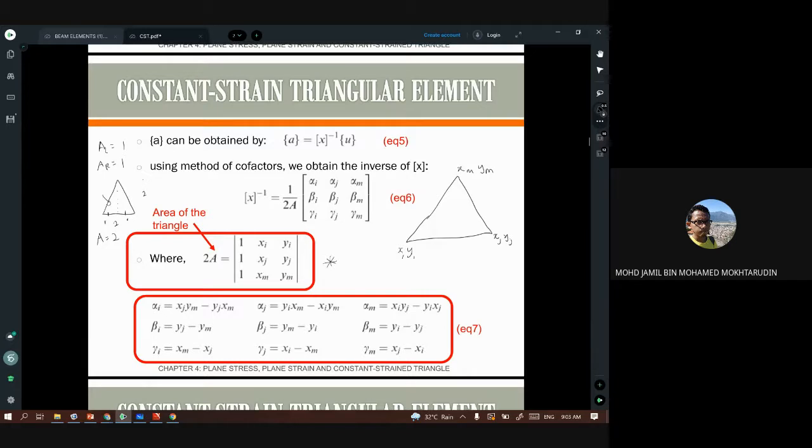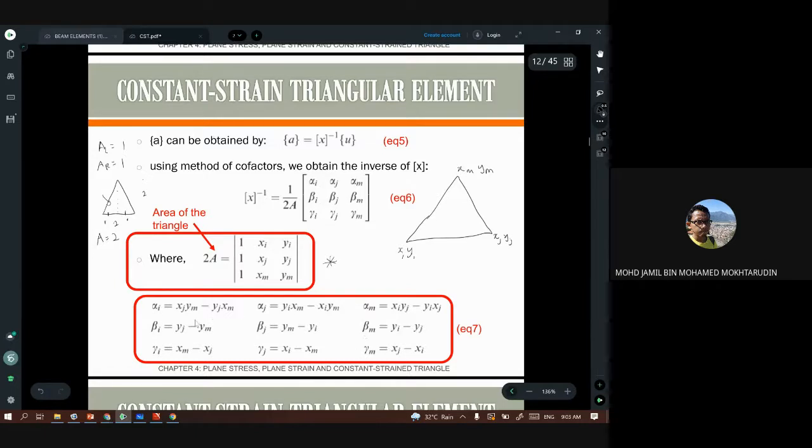So the determinant formula is only used when your triangle is positioned irregularly, or the shape is not regular. Then you need to use this matrix formula. And for this x inverse here, there is another formula you need, which uses alpha, beta, and gamma.